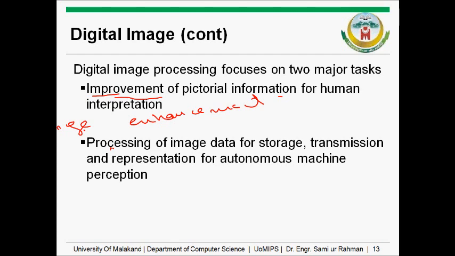So the research challenge is transmission of image data, because image data has more information and more storage, and it takes longer to transmit. So that is also an interesting area of image processing.